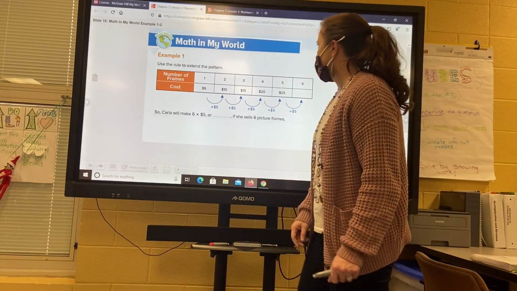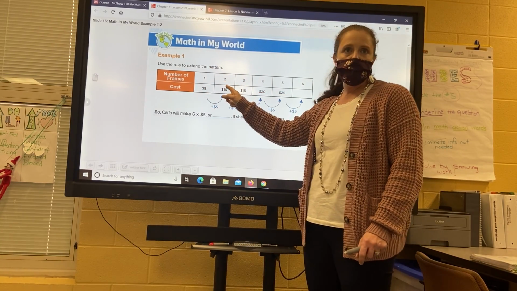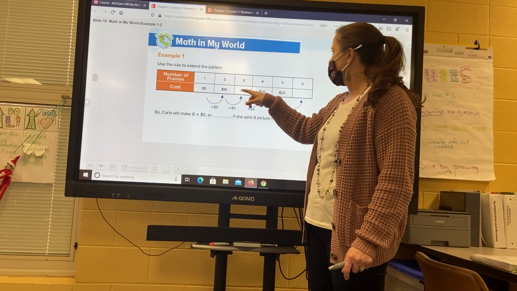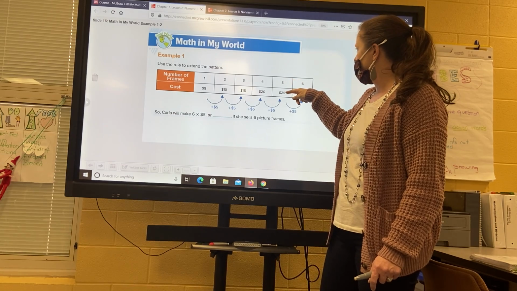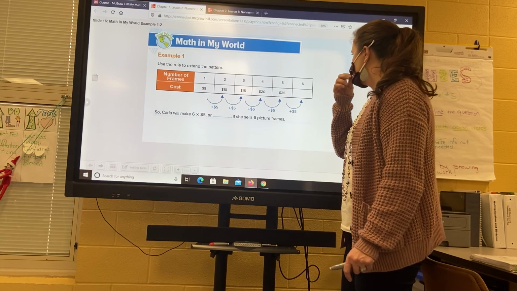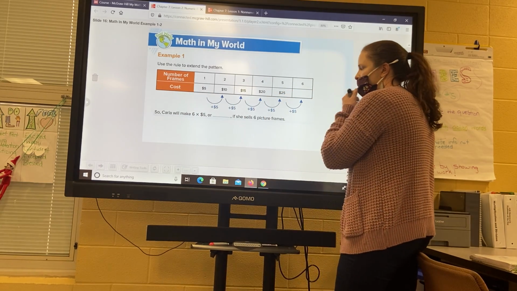Let's look at it. 1 frame is $5, 2 frames is $10, 3 frames is $15, 4 frames is $20, 5 frames is $25. So you're adding $5 going this way.